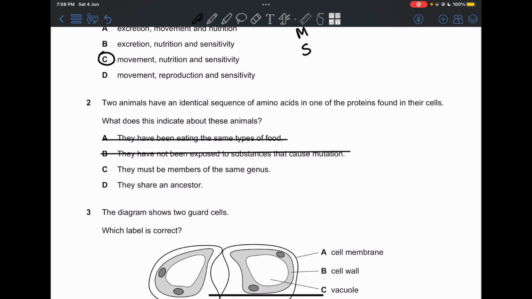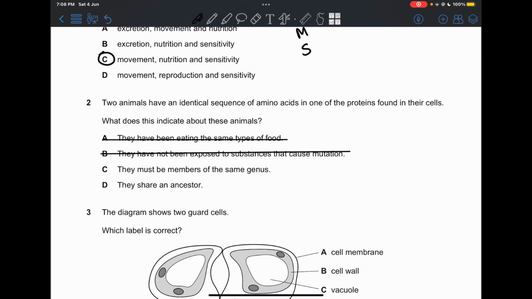Now C, they must be members of the same genus. Now even if they were members of the same genus, they are distantly related. They're not closely related or something. They're of the same genus. As we know, if they were the same species, then they are more closely related. But over here, it's the genus. So they're related but distantly.